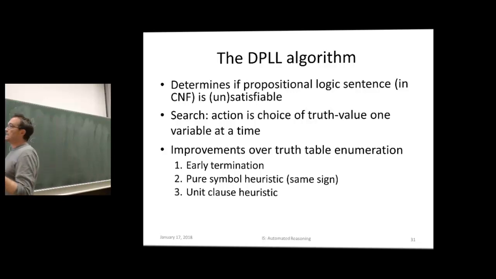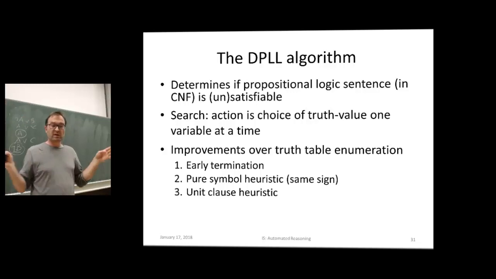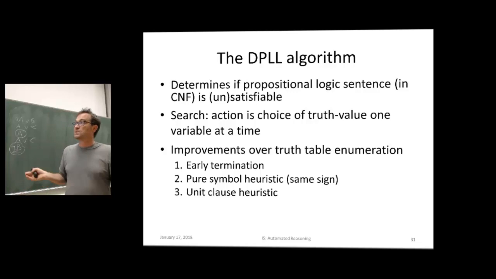And basically the trick that is used is that you try to determine as early as possible if you have any contradictions, and the unit clause choice is one of them, because you know exactly the value of this proposition that you determine using the unit clause rule.